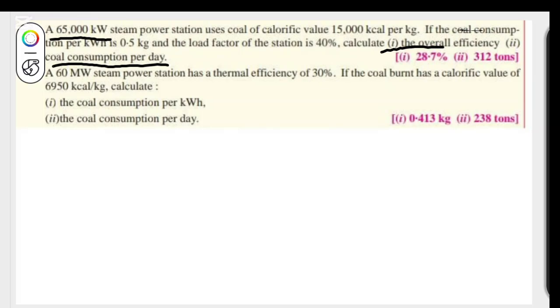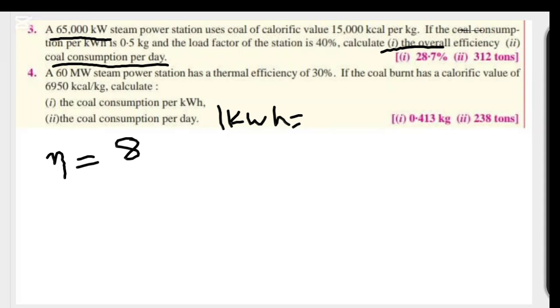So you have to take note that the coal consumption, let me first say the overall efficiency that I'm just going to find, because I'm going to find the overall efficiency. Let's call this overall efficiency. You have to take note that 1 kilowatt hour is the same thing as 860.